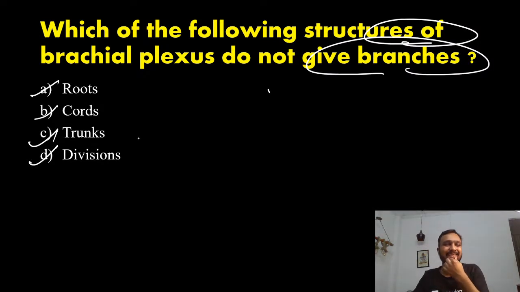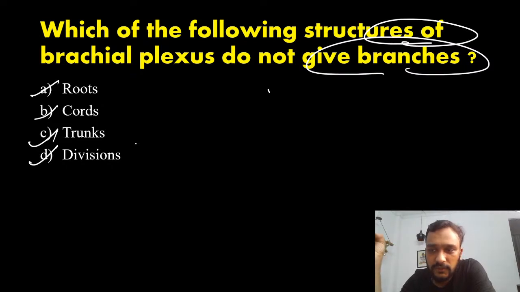Roots, trunks, cords, divisions. Which of these structures is not going to give any branches? I'm waiting for your answers, only then I will proceed. Anyone, guys?